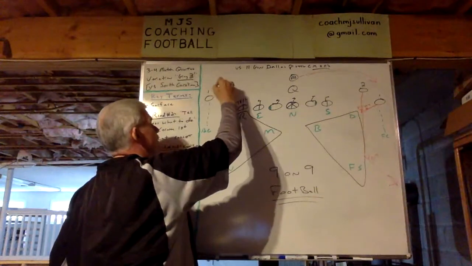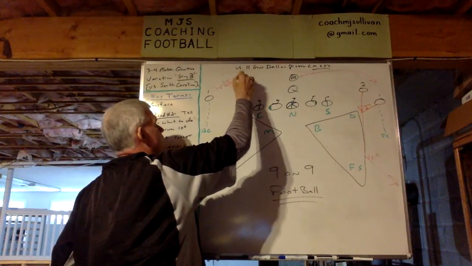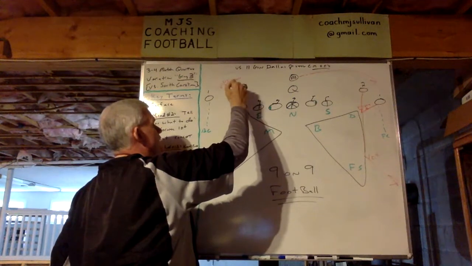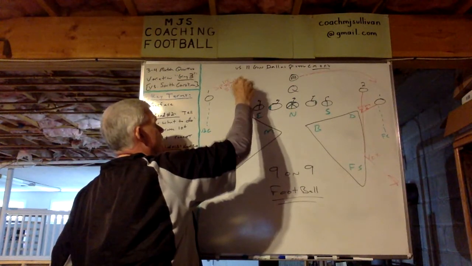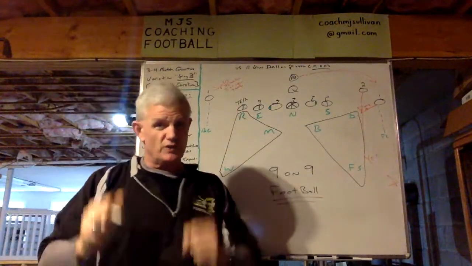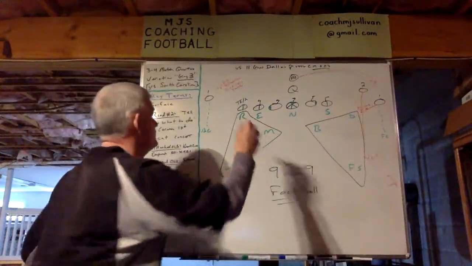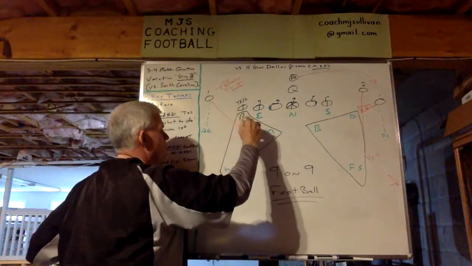So split spacing 5 or less yards. We've even seen it with usually just a wing, but we've seen it as wide as 5. So then here comes number 1 again.